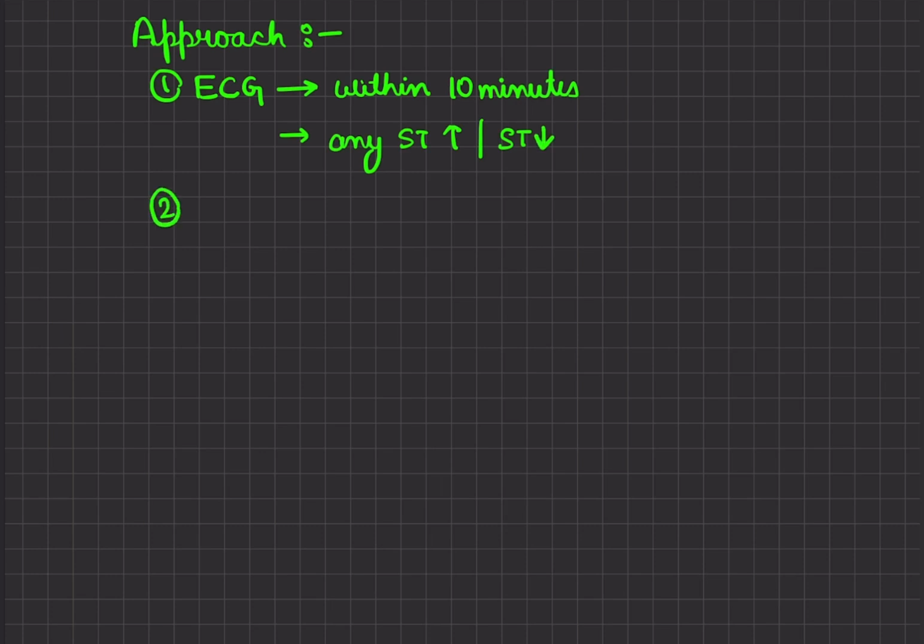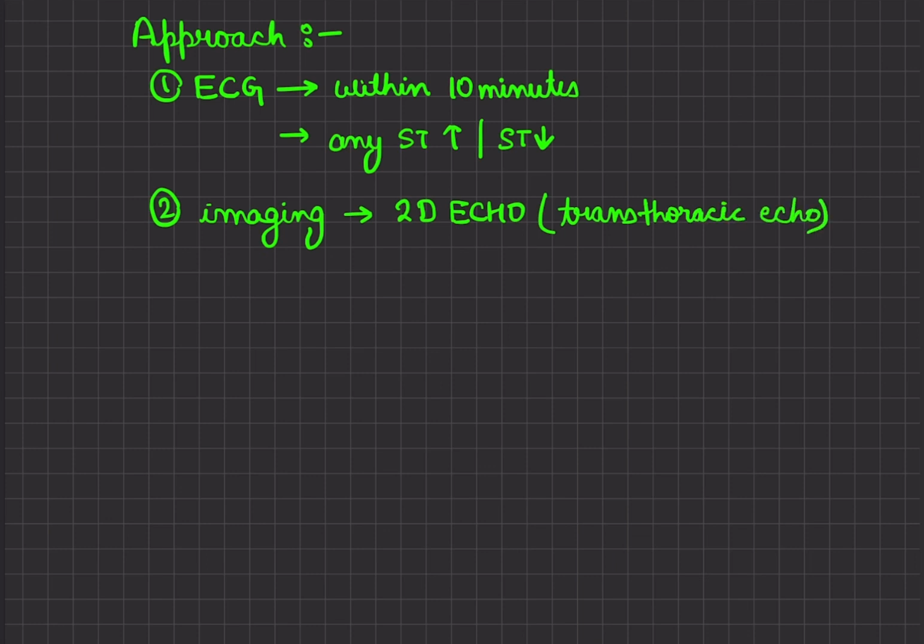Second thing we do is imaging. In imaging, we do 2D echo, which is a kind of transthoracic echo. This transthoracic echo shows us new regional wall abnormality.